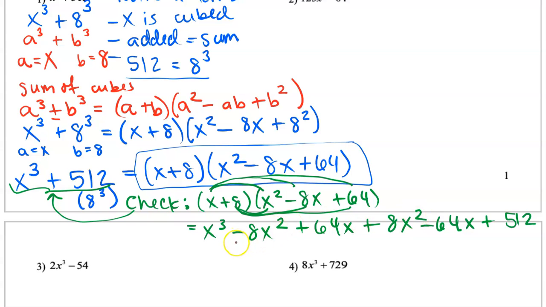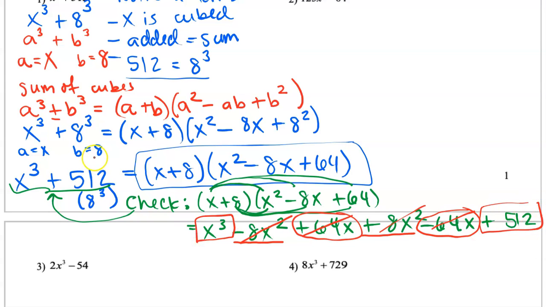Notice how I had a positive 8x squared and a negative 8x squared. So when you add those together, they cancel. I had a positive 64x and a negative 64x. When I add them together, they cancel. And all you're left with is an x cubed and a positive 512. So it's really true that when I multiply these 2 together, I get this.